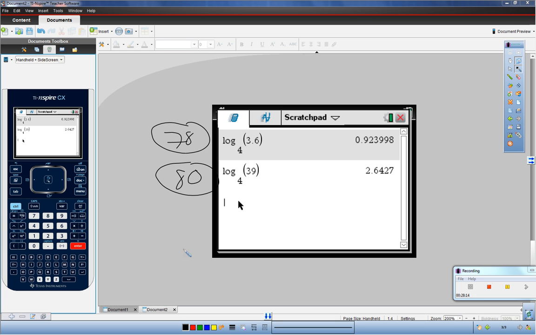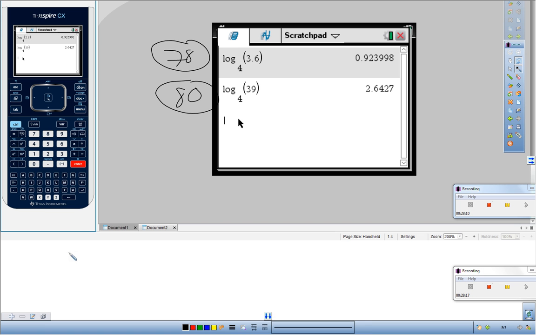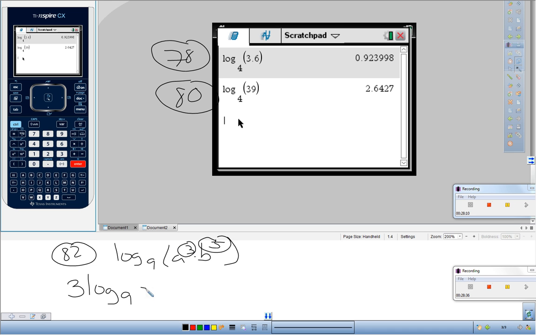Alright, for 82, it wants you to expand, and it gives you log base 9 of a to the third, b to the fifth. Well, here's what you got to remember. This is multiplication, and where do these exponents go? They go to the front. So let's write this. You're going to have 3 log base 9 of a plus 5 log base 9 of b.